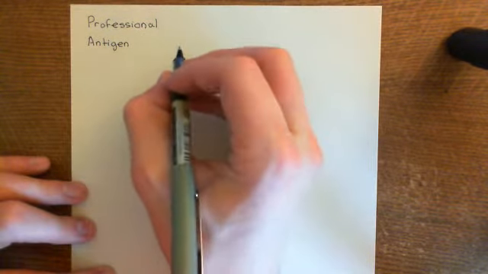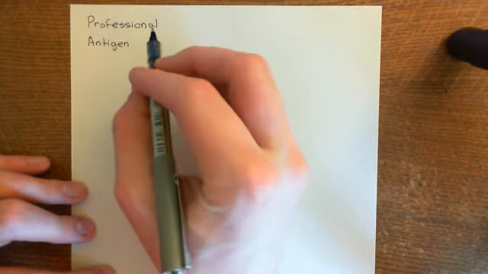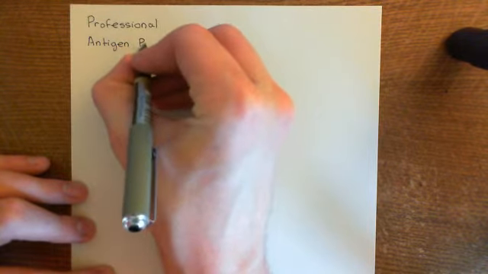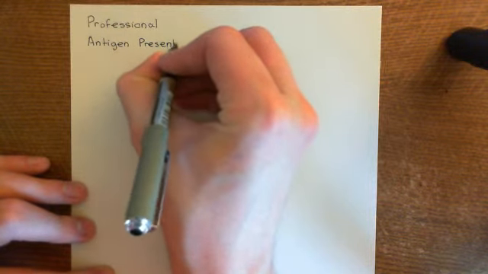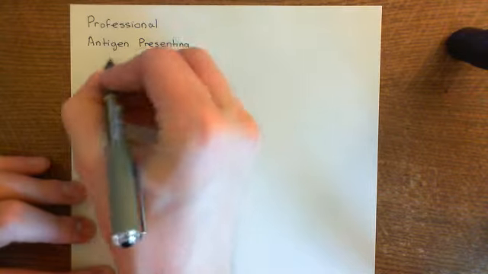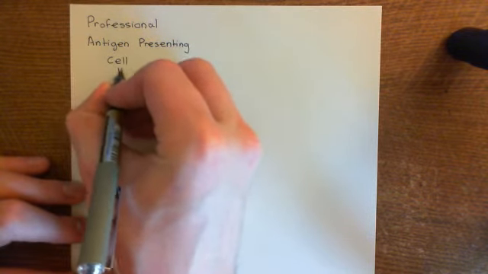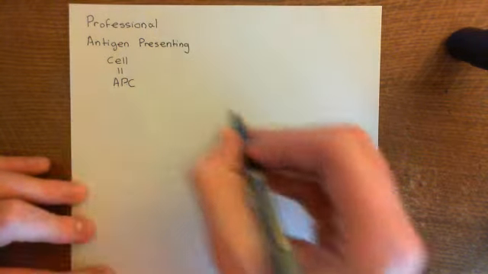Now there is a third, which we'll come on to in a moment, which is B cells, but B cells aren't usually going to actually initiate the humoral immune response. So the professional antigen-presenting cells which usually initiate the humoral adaptive immune response will be dendritic cells, but macrophages are also capable of doing this. Now we'll just abbreviate this to APC for antigen-presenting cell.